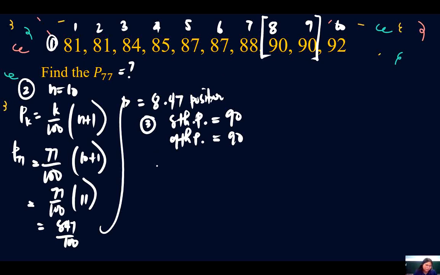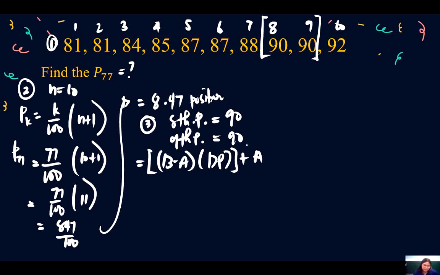Okay, let's use the interpolation formula. So we have B minus A times the DP, which is the decimal point, plus the lower value, which is the A. Our A here is, what is our A? Okay, what is our A? O, paano class kapag ganito na ang nangyari?